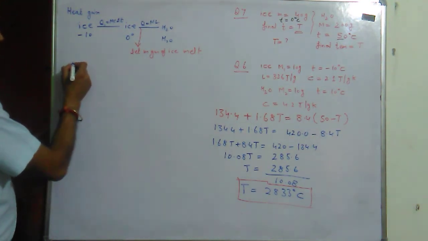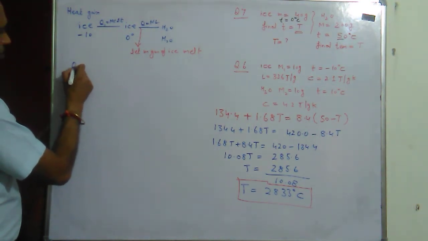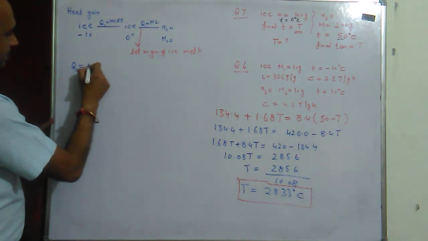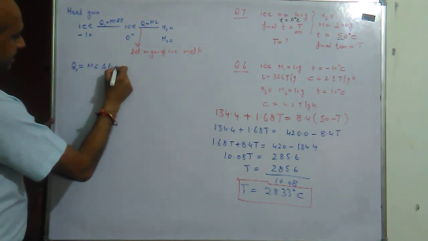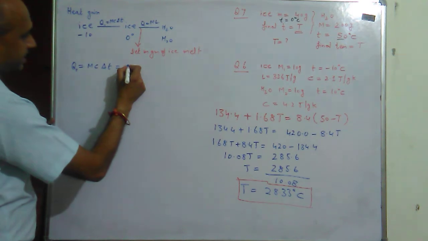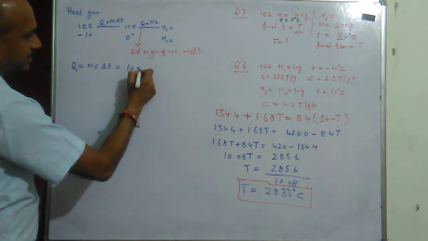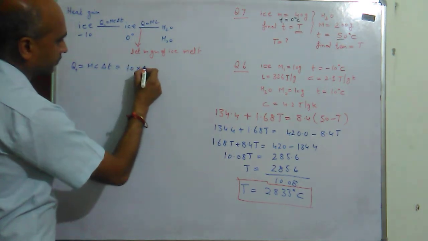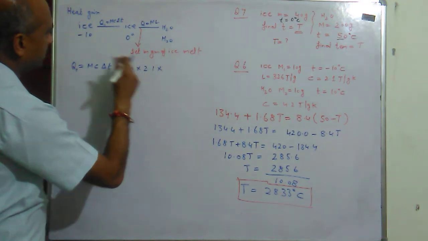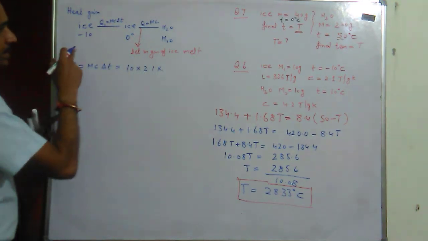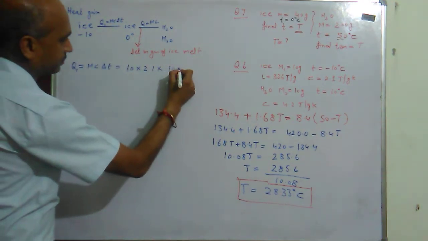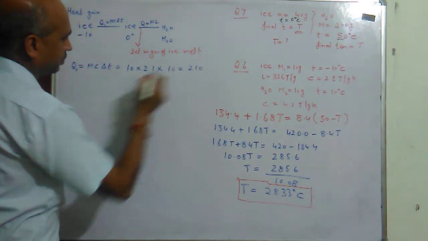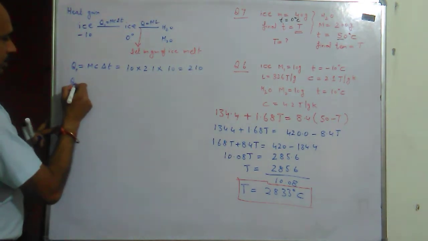Let us calculate the heat gain. So we get Q1 equals to mc del T. What is the value of m? The m is 10 grams. What is the value of c? The c will be 2.1. And del T will be 10 itself. So on solving we get 210. Let us find Q2.